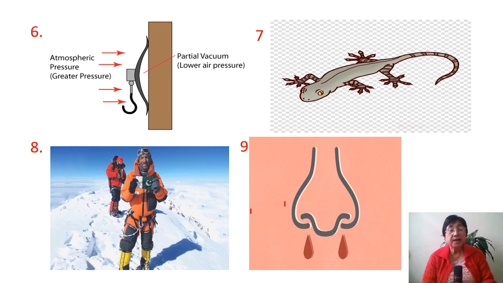I'll just give you an example to be clear. Suppose now you are in Delhi, which is at a much lower altitude, and you are climbing the Himalayas. In Delhi, at a lower altitude, your blood pressure is slightly higher than the atmospheric pressure.